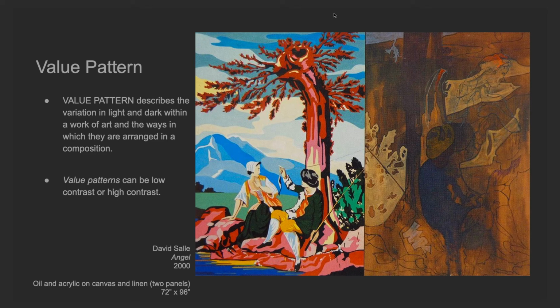The value pattern describes the variation in light and dark within a work of art and the ways in which they are arranged in a composition. So value pattern is describing the artwork in terms of where the lights and the darks are in the artwork.